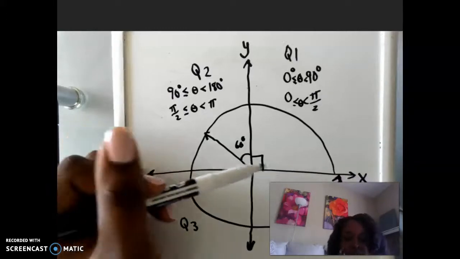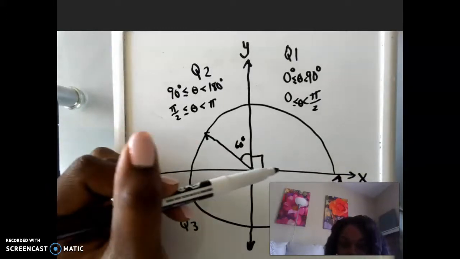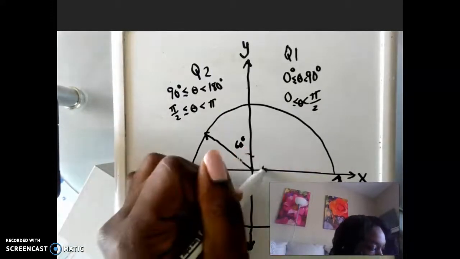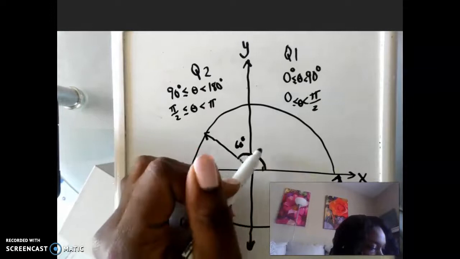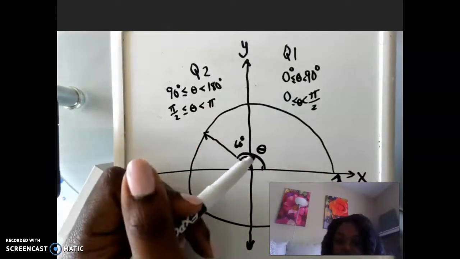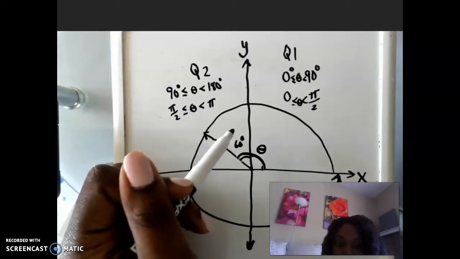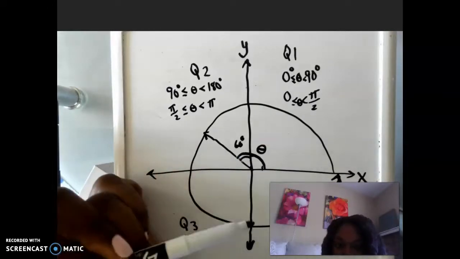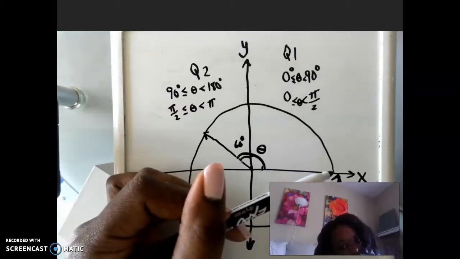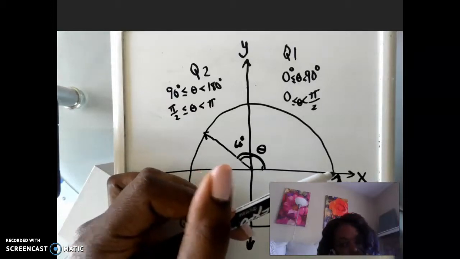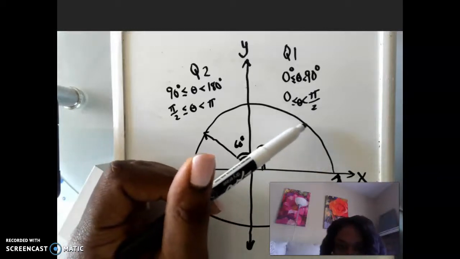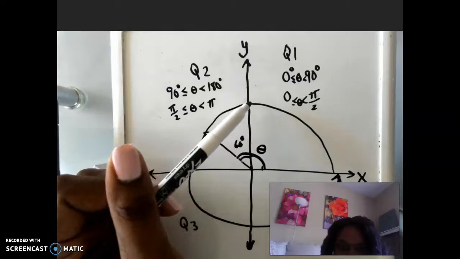But if you want to know the full angle all the way over, so if you wanted to know all of this, let's call that theta, then you would have to take this 60 degrees and add 90 degrees, because from the horizontal here, I keep saying vertical, from the horizontal I would have to go all the way around to get to the 90 degrees.